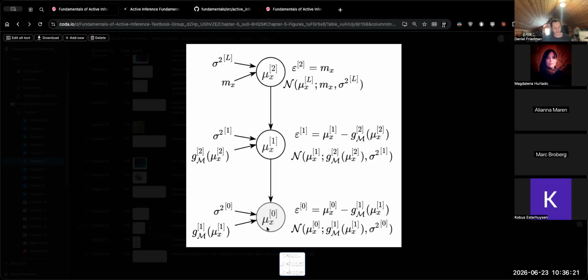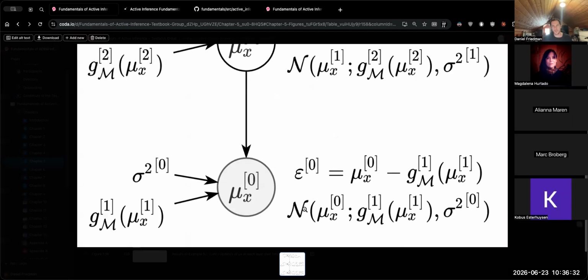And then the second question that you just raised on 5.32, Cobus, is we have prediction error epsilon layer little l, which is here indexed to zero, equals mu sub x of l minus one. But that would be negative one if l were zero. So that is an inconsistency as well.